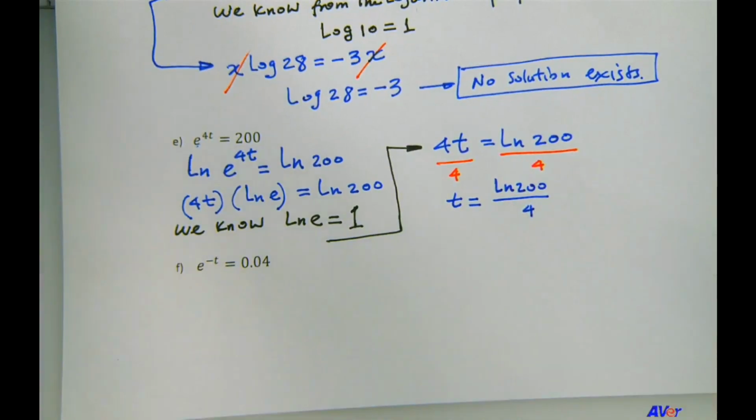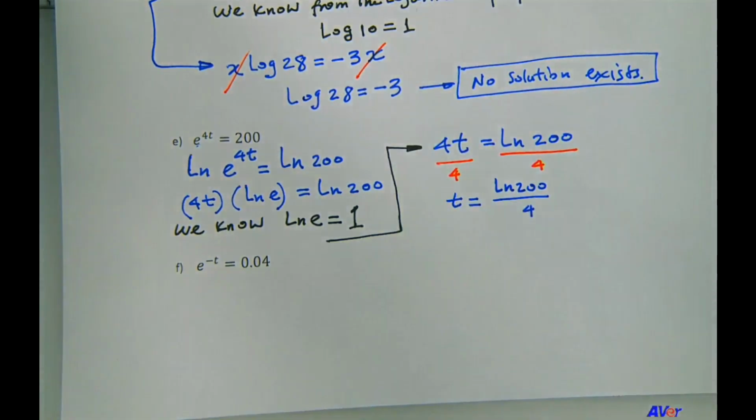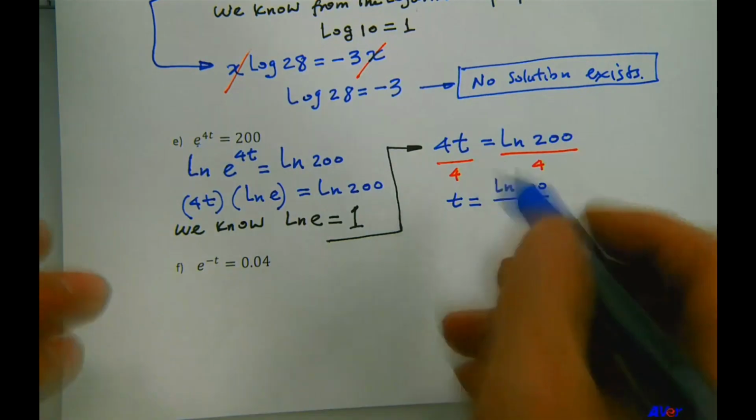Now, on an exam, if you're allowed to use a calculator, you certainly calculate that to some decimal value, whatever the problem is asking you. For example, the problem might ask you to calculate this number to 2 decimal places or 3 decimal places. You can do that. But if you don't have access to a calculator on an exam, or if you're working on the online homework assignments and the assignment is asking you to enter an exact value, this is an exact value.